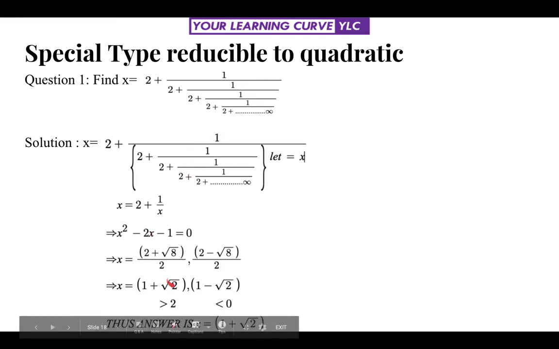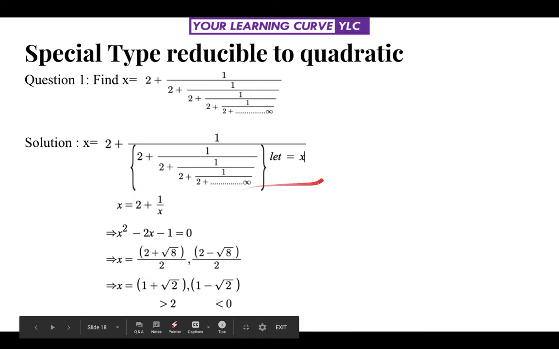So which one is the right answer? Let's see. Root 2 is approximately equal to 1.414. So the first root, 1 plus root 2, is equal to 2.414, and the second one is 1 minus 1.414, which is minus 0.414. So this number is negative, less than 0, and the other is a number greater than 2.